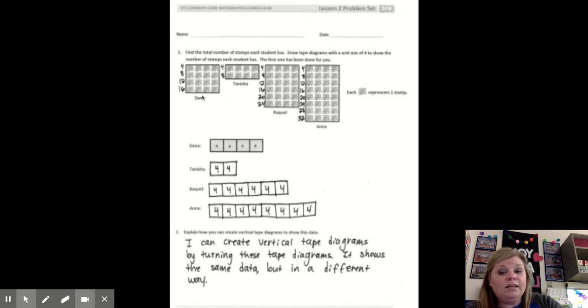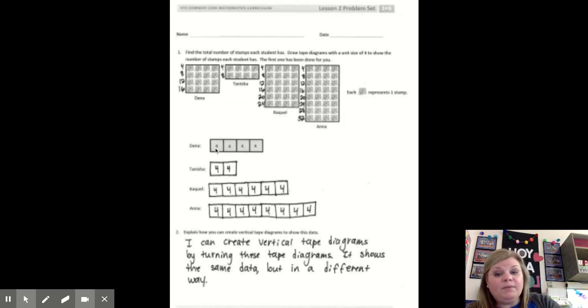So Dana has 16 stamps. Tanisha, 4, 8 stamps. Raquel has 24 stamps, and I again just labeled at the end of each, counting by 4s. And Anna has 32 stamps, and again, just counting by 4s.